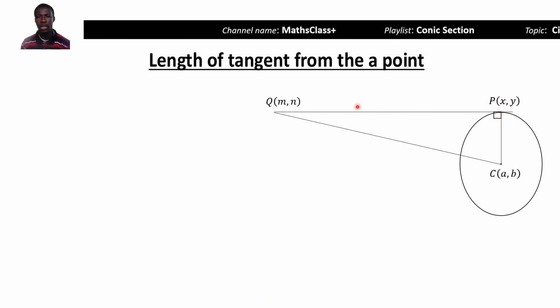Okay, so in doing this, we look at the shape of the triangle that has been formed here. So we join a straight line from the point given to the center of the circle, and then from the center of the circle to the point of contact, and then the tangent itself, it gives us a right angle triangle.